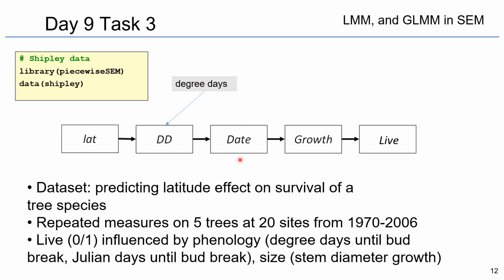So you have date here from 1970 to 2006. And variable live, it's binary, which is 0 or 1, alive or dead. And it's influenced by phenology, which is the degree days until bud break, and degree days are this variable DD here.